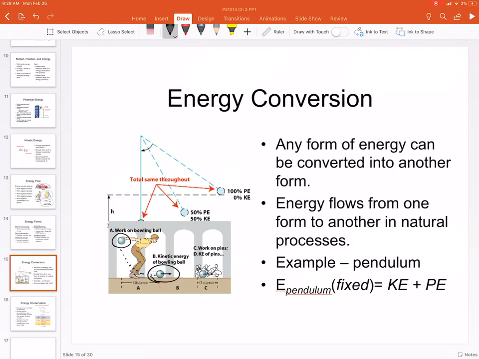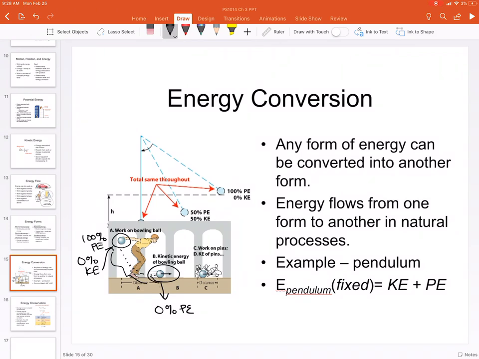So right here, it's 100% potential. Right here, it's 0% potential. And all in between right here, it's losing potential and it's gaining kinetic. So up here, it's 0% kinetic.